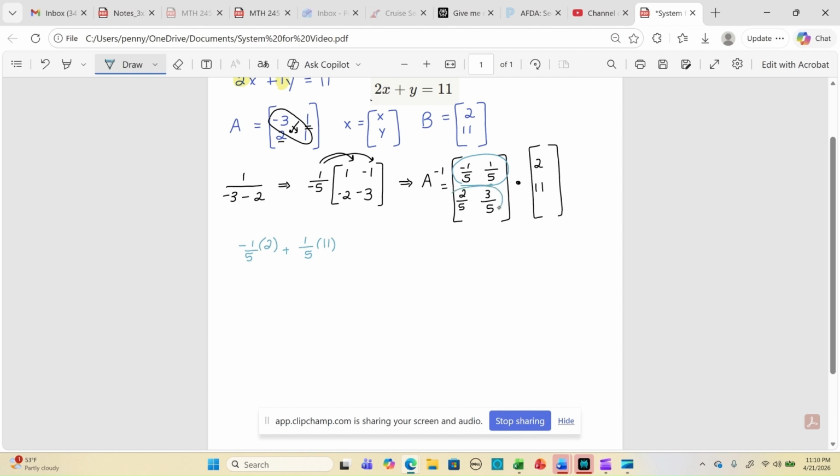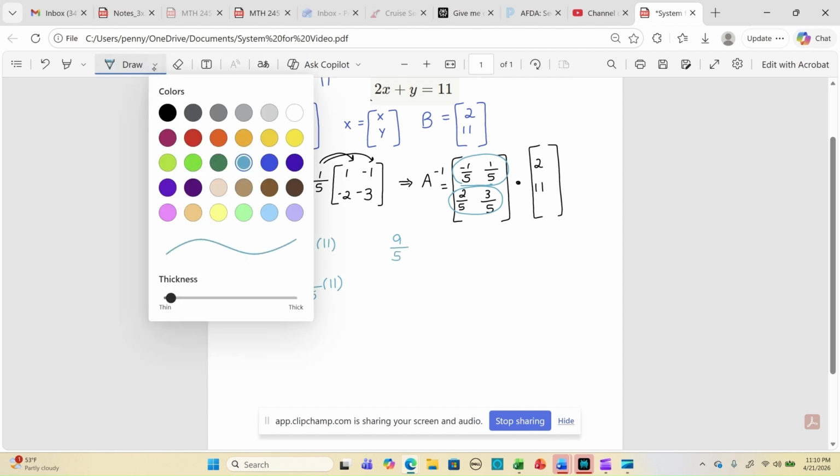And then for our bottom row, we're going to have 2/5 times 2 plus 3/5 times 11. Now you can use your calculator, or you can use mental math, or whatever you choose to do. But if I do negative 2/5 plus 11/5, what I get is 9/5.